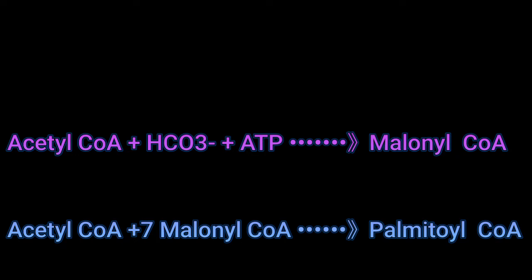This enzyme is regulated in 2 important ways, allosterically and by covalent modification. Allosterically, it is activated by citrate in the cytoplasm, in that citrate will promote the polymerization of acetyl-CoA carboxylase subunits to form a much more active polymer of the enzyme.